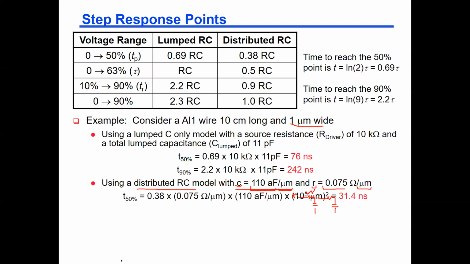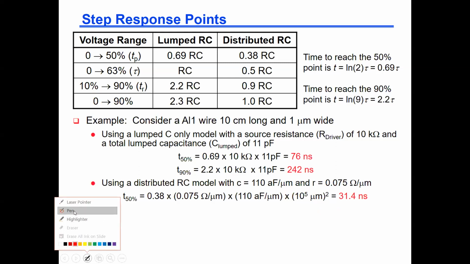And so what we really need to do is calculate the wire resistance, okay, and the wire capacitance, and divide by 2 to get the time constant and multiply by 0.69. So we say little c times L is the wire capacitance, multiplied by little r times L, so this is L squared, okay?